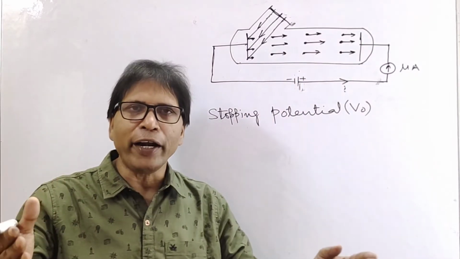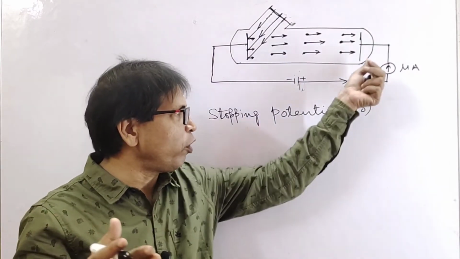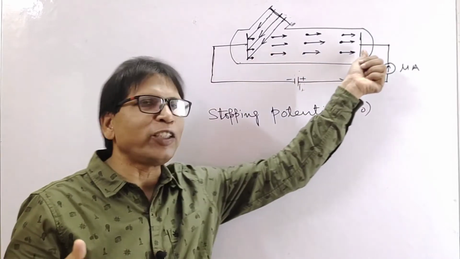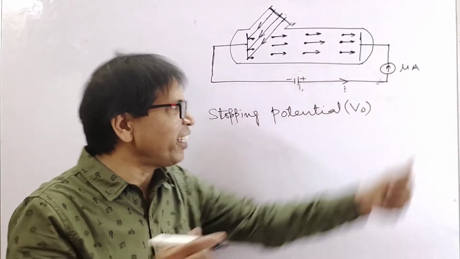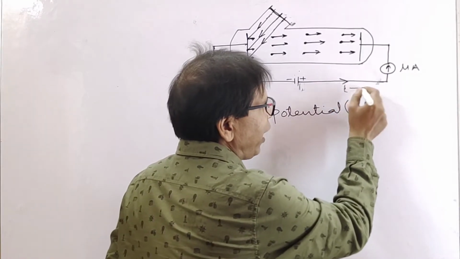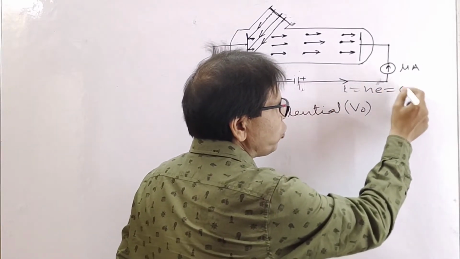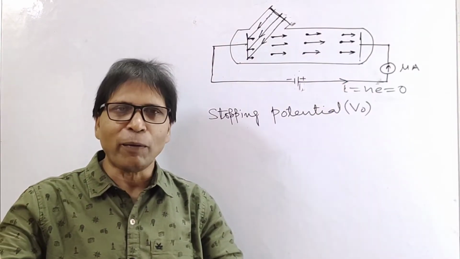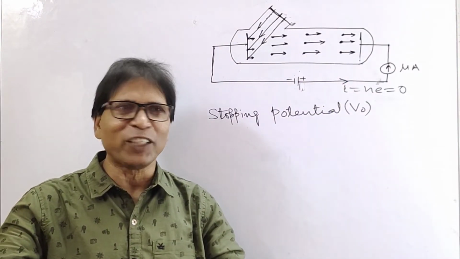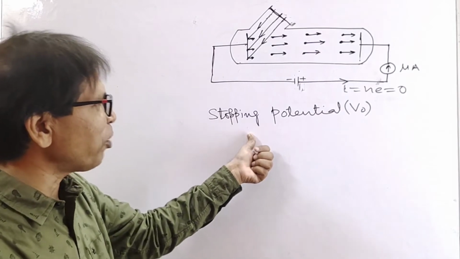At a particular negative voltage of anode, no electron reaches the anode. That is, photoelectric current, that is I equal to N into E, equal to 0. This negative voltage at which the photoelectric current is 0 is called stopping potential.